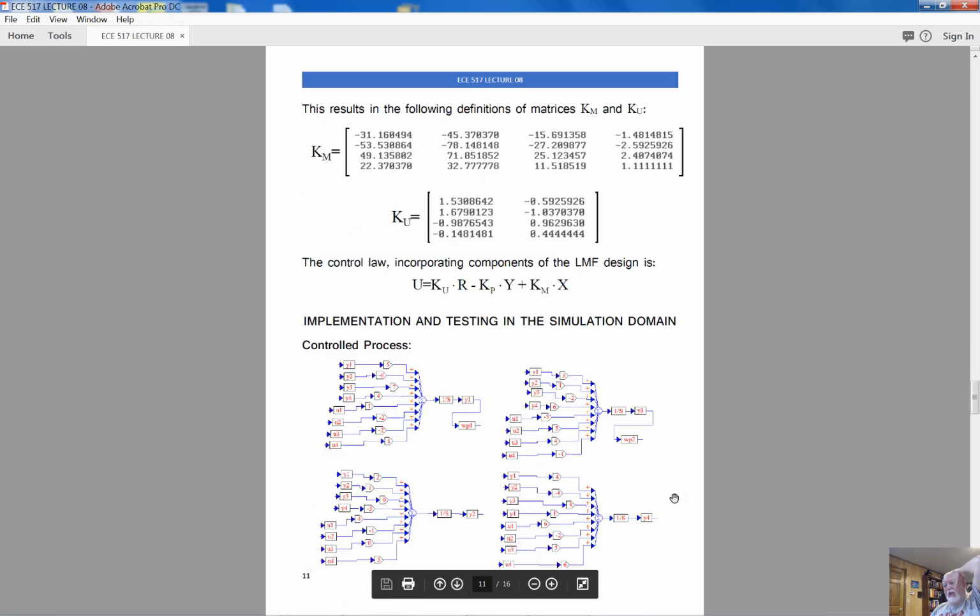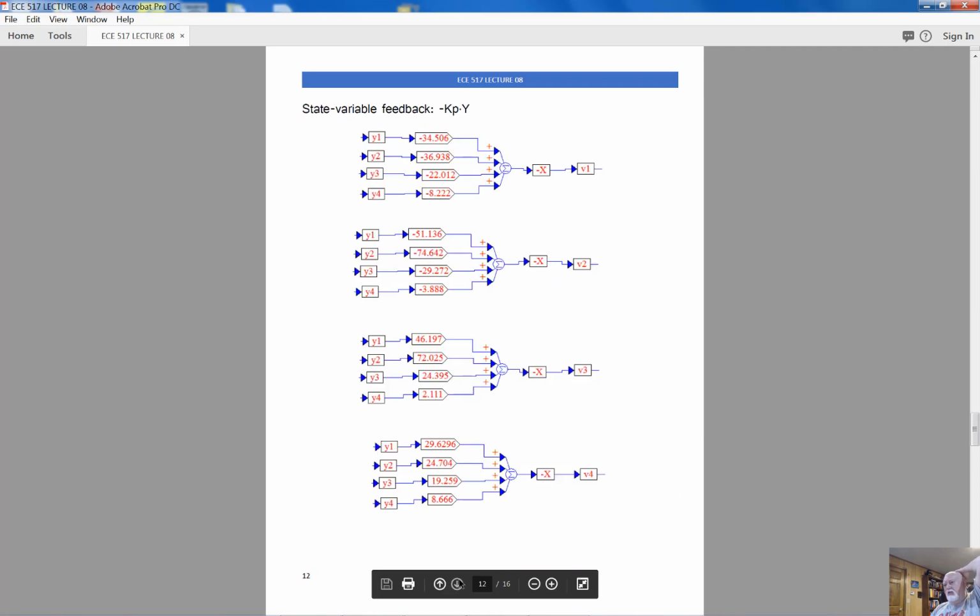The control plant is there. Let me show you the state variable feedback, which is minus Kp times state vector of the control plant. This is the state variable feedback.